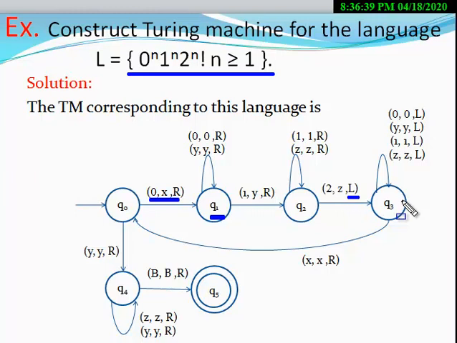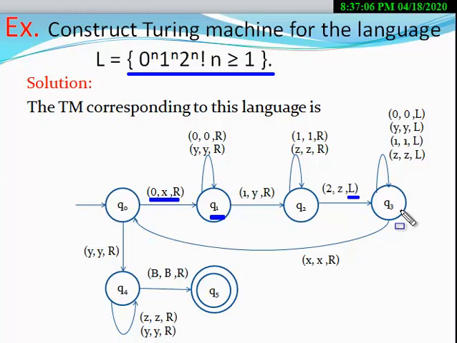At state Q3, these four transition rules are applied. At state Q3, the machine only moves in the left direction if the tape symbol 0, 1, Y or Z appears in the tape.